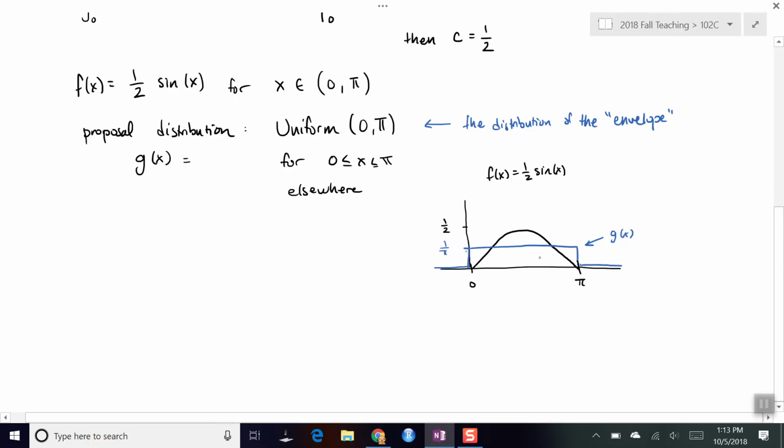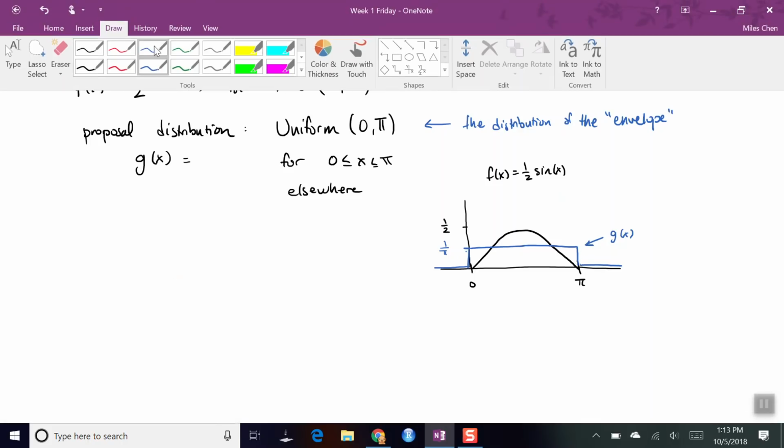And so this doesn't create an envelope, right? For an envelope, it needs to enclose it, okay? So g of x by itself is not an envelope.